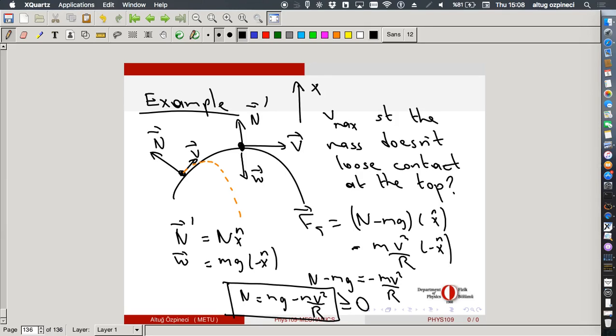Those types of questions we will study. So your question, if I understood it correctly, is you send an object with some initial speed, and of course there will be some tangential acceleration. It will slow down as it's going upward. And what is the minimum speed that it should have such that it will be able to go to the top, right? Those kinds of questions we will study next week.